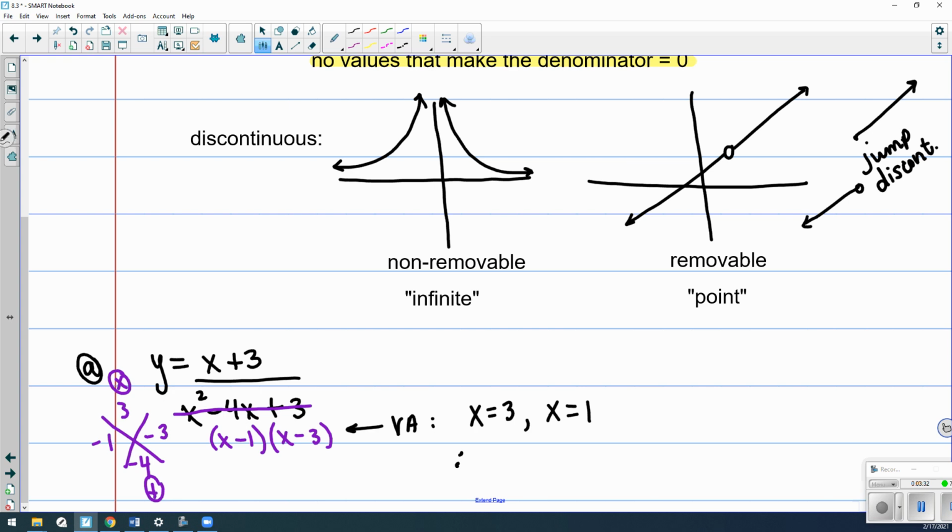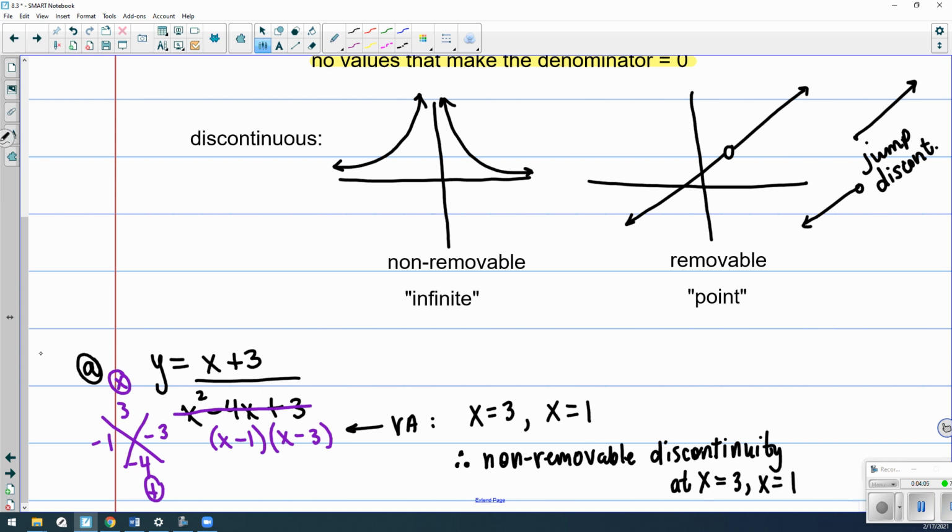These three little dots that I'm drawing right now are the word therefore. So I've done some math here, I've made a statement, and then I can say therefore this function has non-removable discontinuity at x equals 3 and x equals 1.